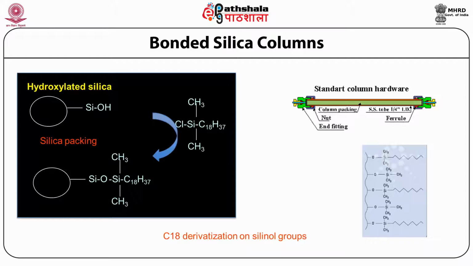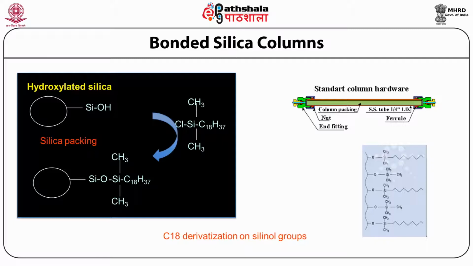It is packed with silica or a modified material, with end fittings in which filters are kept on both sides, and the solvent is allowed to pass through. Getting further inside, you see different beads of silica having different particle sizes.